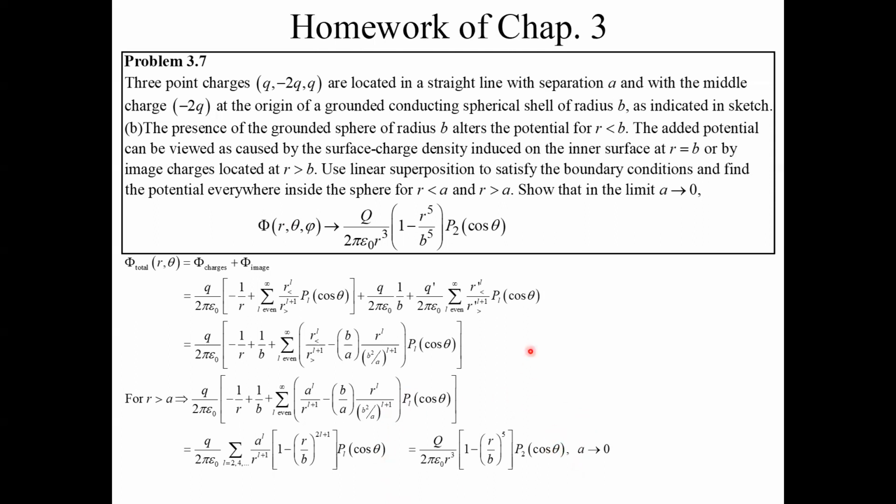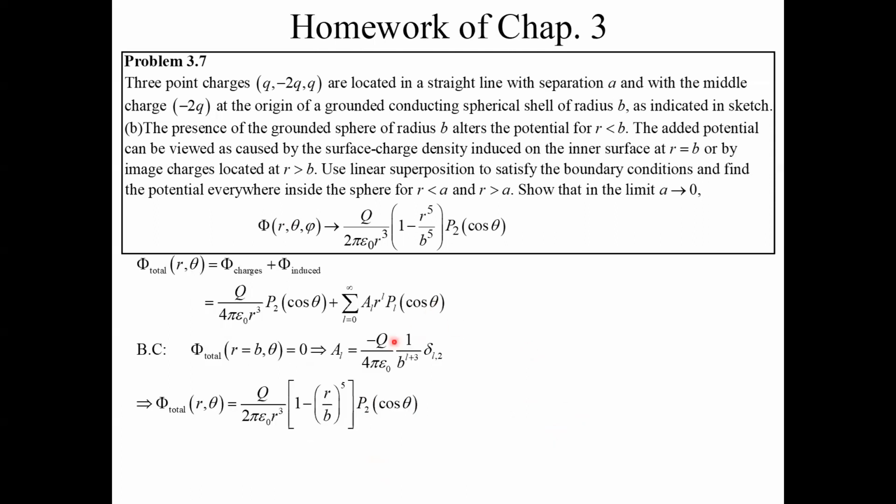And here we have another solution, another approach. So the second approach, we use the fact that the potential on the boundary should be 0 here, and we use the same steps as the last 2 pages.